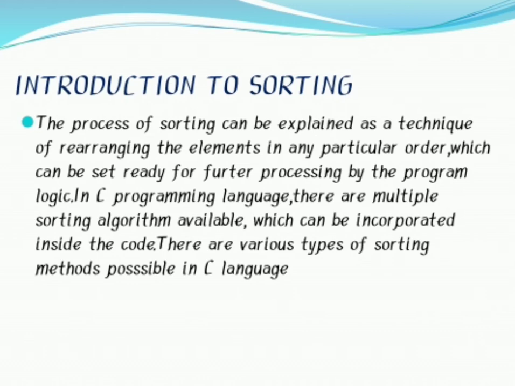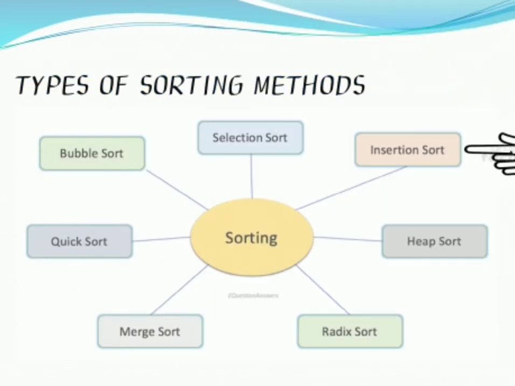Types of sorting methods: selection sort, bubble sort, quick sort, merge sort, radix sort, heap sort, insertion sort. In this video, I'll explain why insertion sort is better compared to the other sorting methods, what the main use and advantage of insertion sort is, and how we can develop the algorithm and code for insertion sort.